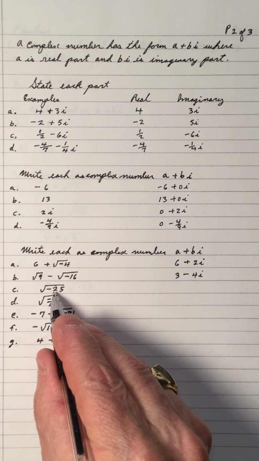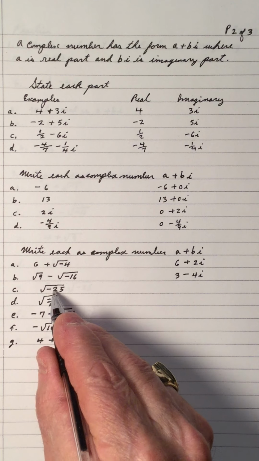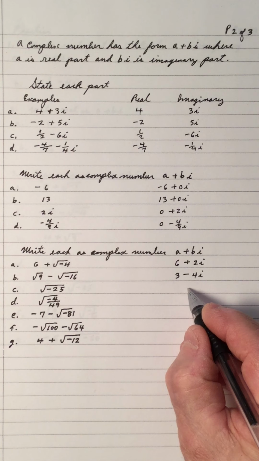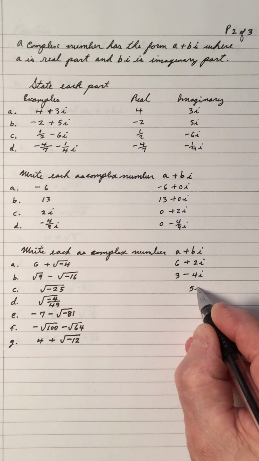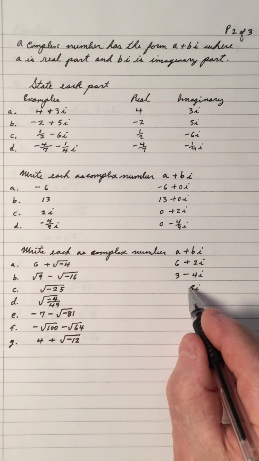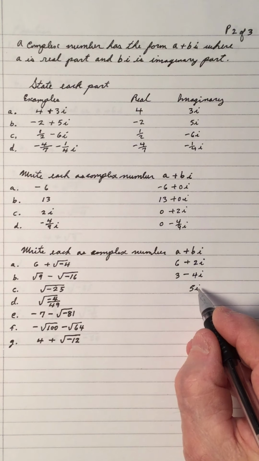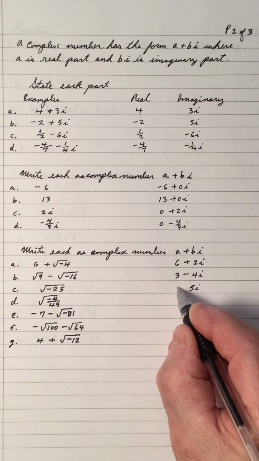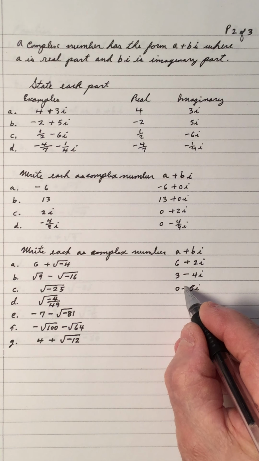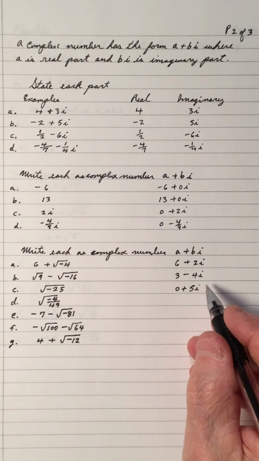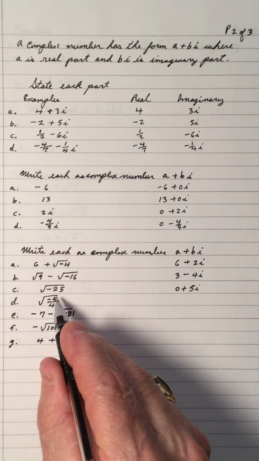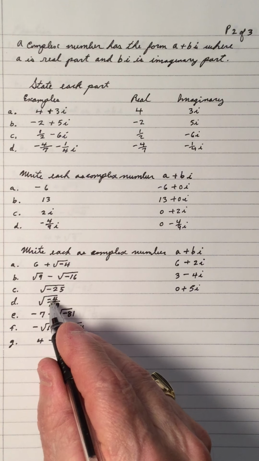C, notice we have the square root of a negative 25, so that's 5i, because the square root of 25 is 5. Because it's a negative number, we got an i, and there's no real part, so we just put 0 plus 5i. D, again, we have an imaginary part because it's the square root of a negative number.